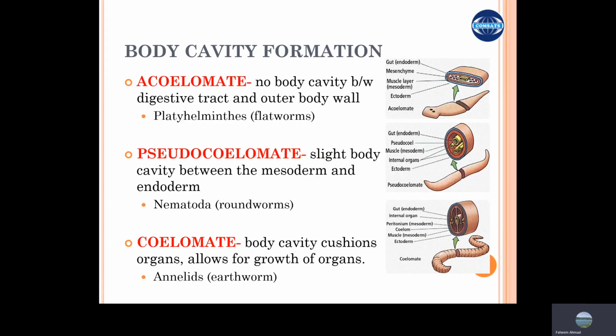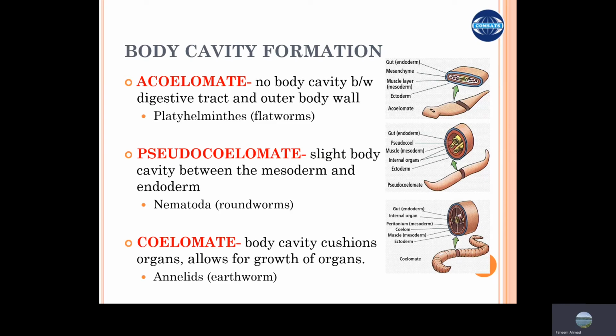Then the body cavity formation, as we have already discussed the different types of body cavity formations. Based on that formation, animals can be divided into acoelomates, coelomates, and pseudocoelomates. All those animals which do not have a body cavity, and where the space between ectoderm and endoderm is filled with specialized connective tissue or parenchymal cells, are called acoelomate animals, and flatworms are their example.